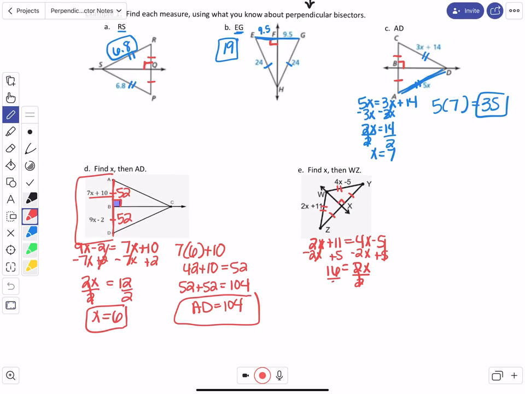I'll divide by 2. So 8 is x. It wanted me to find x, and then it wants me to find WZ. So WZ is right here. So 2 times 8 plus 11. 2 times 8 is 16. 16 plus 11 is 27. So 27 is WZ.